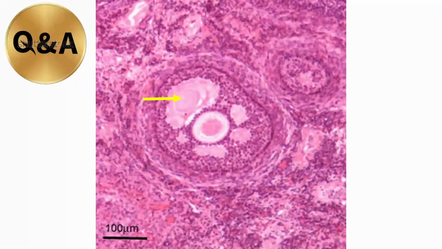In addition to that, more spaces are developing in zona glomerulosa. And what do you think is going to happen next? This is a secondary follicle because of the presence of vacuoles containing fluid in zona glomerulosa.